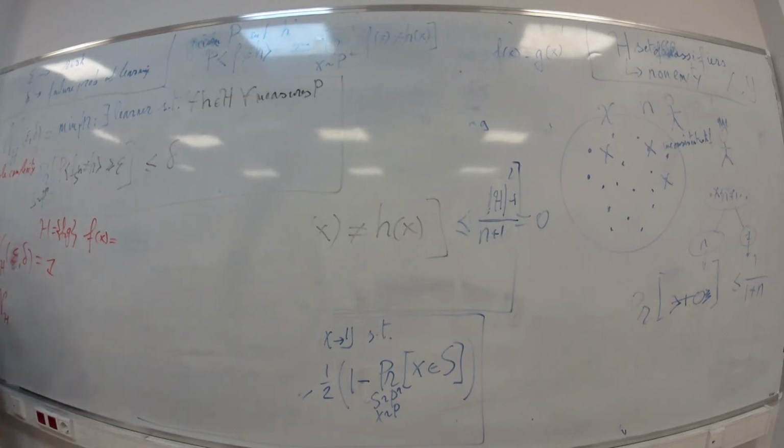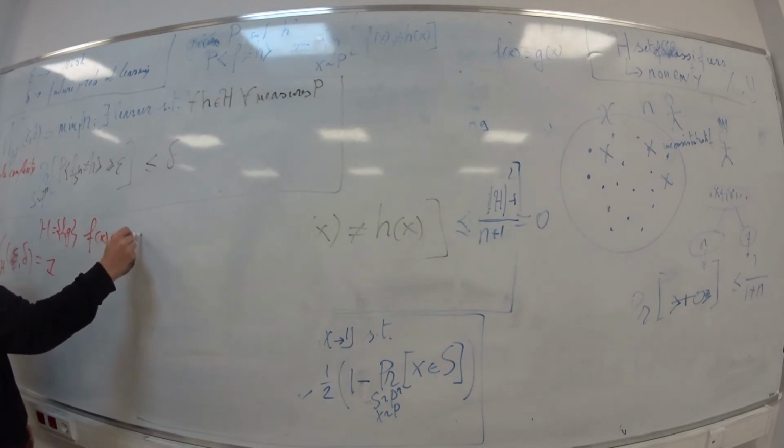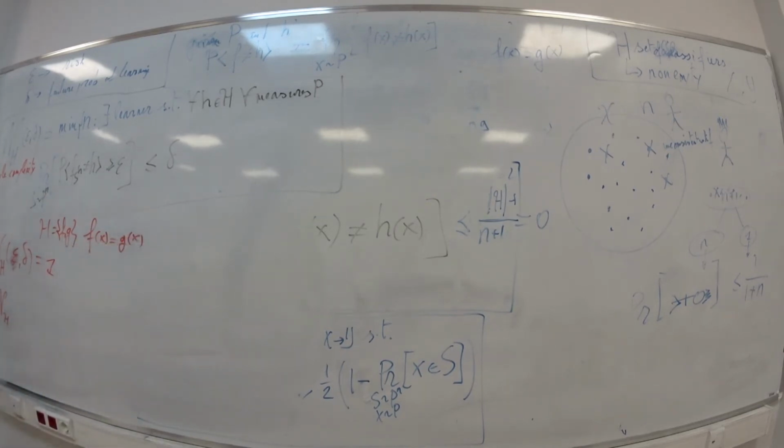Sorry, you're right. And otherwise, if there is a point where f and g are equal, but also another point where they're different, then the sample complexity of epsilon and delta is at least logarithm of 1 over delta.